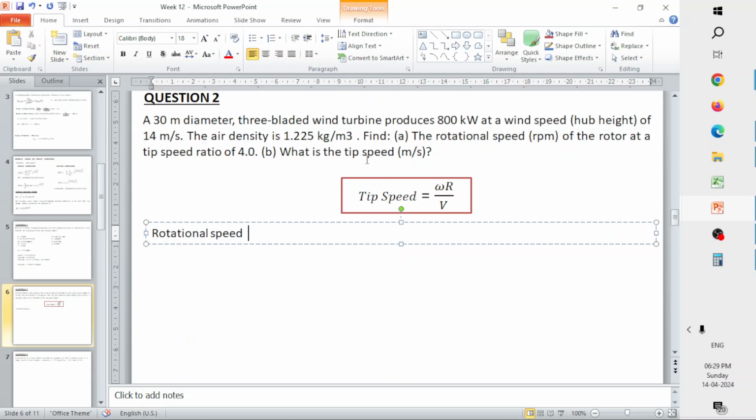Okay, fine. So rotational speed is nothing but your omega, I mean the angular velocity.